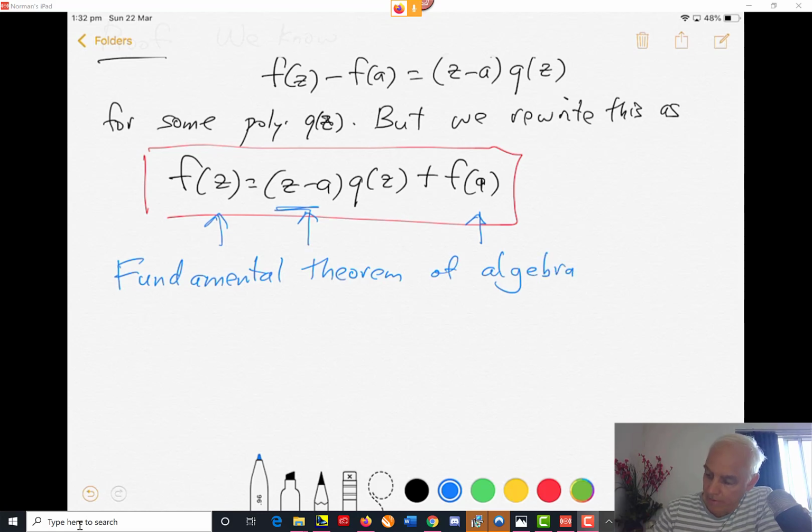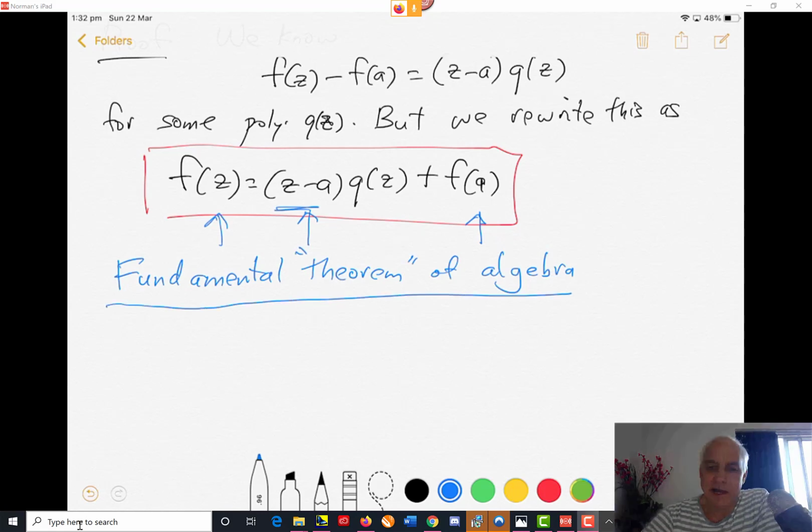And I'm forced by intellectual integrity to put quotes over this theorem because, as far as I'm concerned, this is only partially a theorem. It's actually more an approximate result rather than an exact one at this current stage in the year 2020.